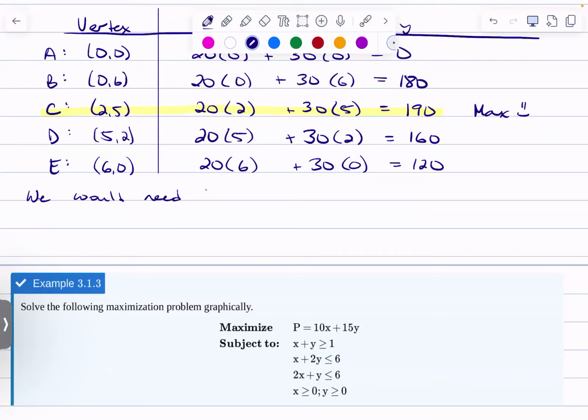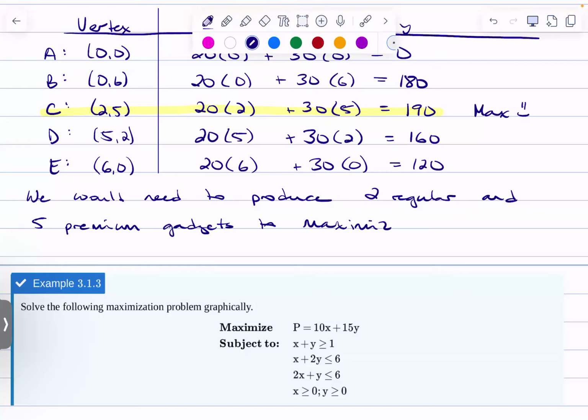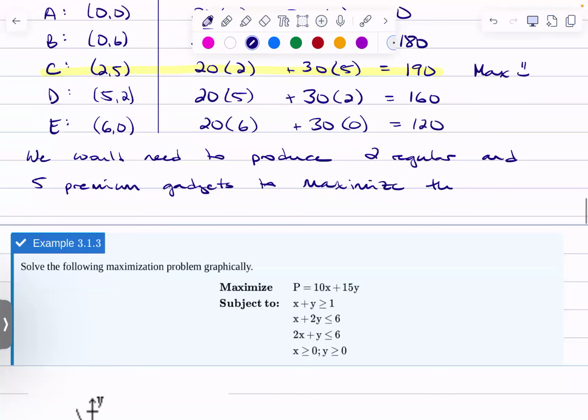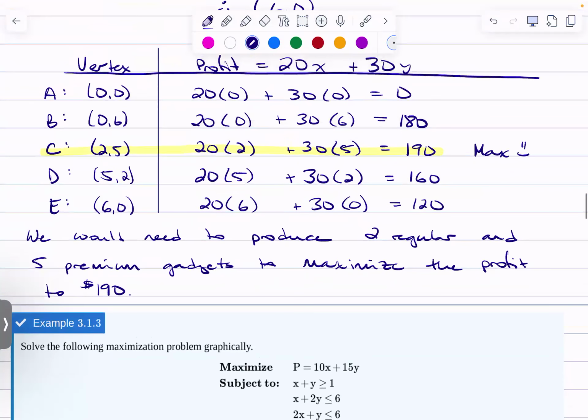We would need to produce 2 regular gadgets and 5 premium gadgets to maximize the profit to $190. Look at that. Squeeze it in just on that page.